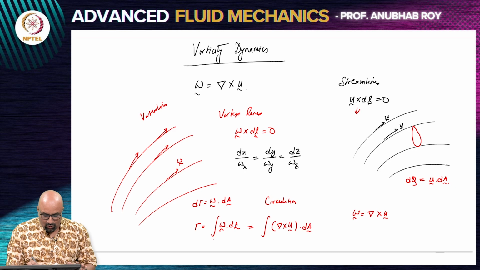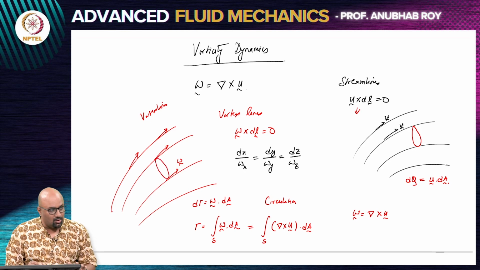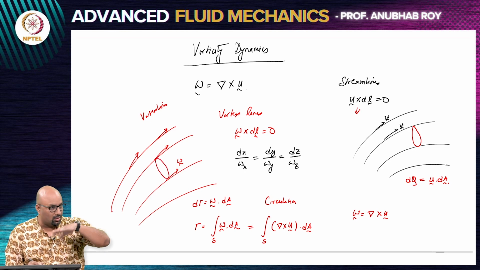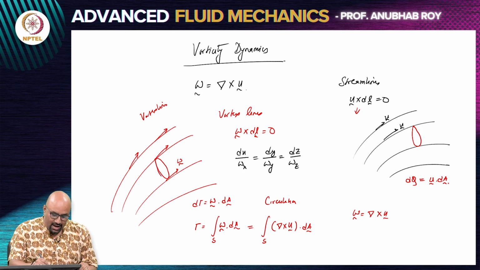this is over a surface area. So, I have a cross sectional area. The area could be a flat area, it could be a more three-dimensional shape, but every area is bounded by a curve.